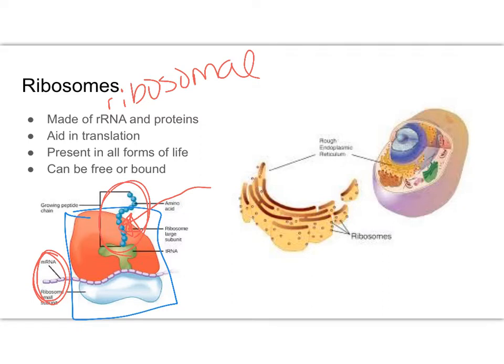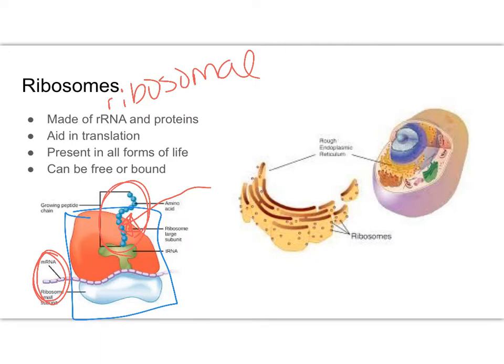Ribosomes are also present in all forms of life. If you'll remember just a minute ago, we mentioned that ribosomes were in prokaryotic cells as well, because they are not membrane bound. So they do exist in prokaryotic cells. They do help in translation and help make proteins in prokaryotic cells, just like they do in eukaryotic cells. The significance of this is that it shows a link for common ancestry.